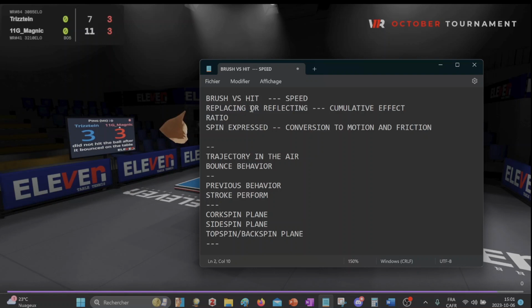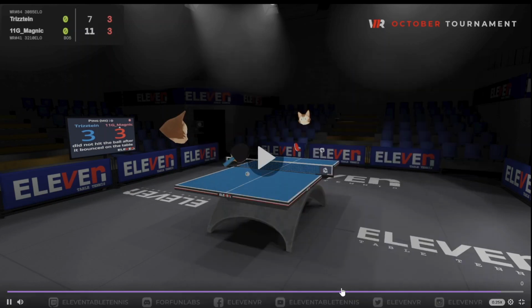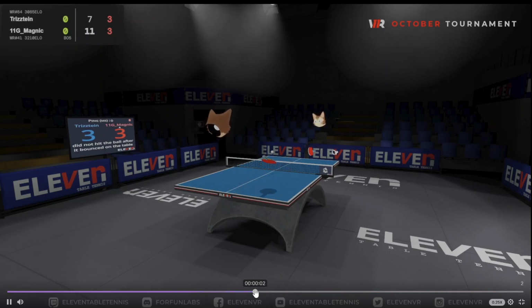But then if you want to learn to play short games and be able to do a beautiful touch like Magnic does right here, I think it's, yeah, right at this point, a touch like this requires you to know how to orient the paddle. If you want to be able to do something like that, then yes, you have to know a bit about how the side spin and cork spin, these things work, but you don't necessarily have to know about them theoretically.